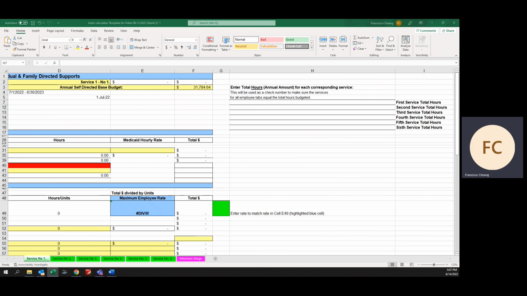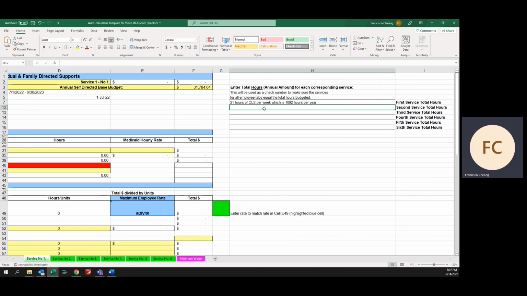So we're also going to get our ISP handy here, and we're going to begin entering the information from the ISP. In our ISP, we have 21 hours of CLS per week, which is 1,092 hours per year.